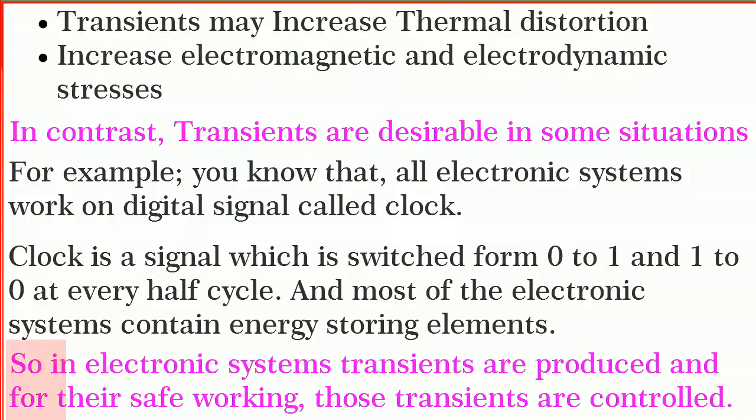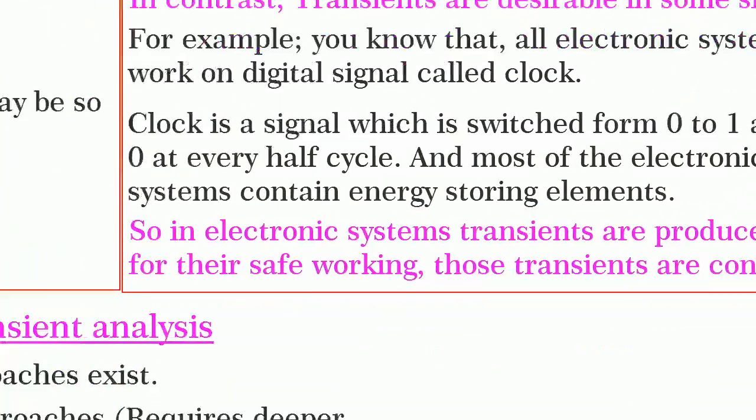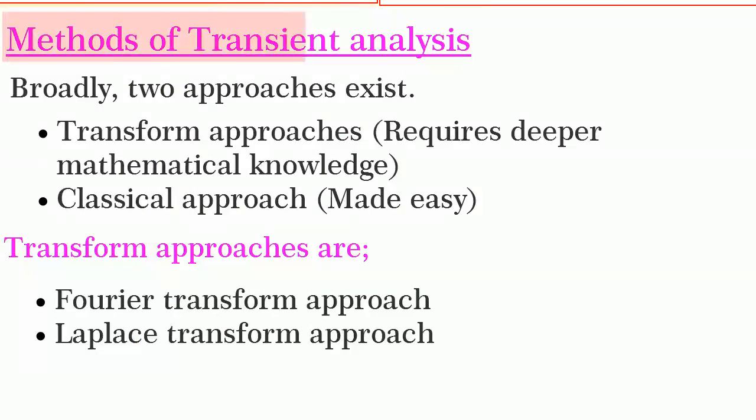Therefore, transients are produced in every electronic system. But for their safe working, these transients are controlled and systems are designed to overcome the transient effects. Friends, next I will take you to another interesting area of transient analysis.